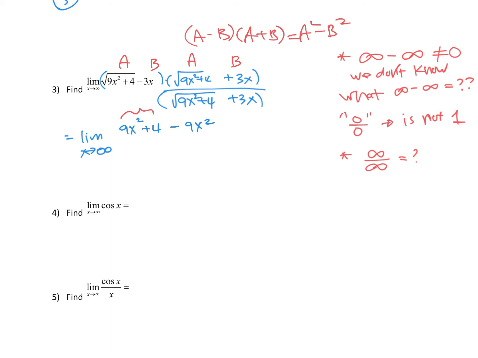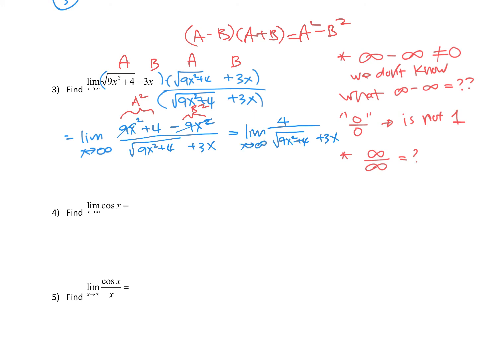This is my a squared, this is my b squared. So that's the top. On the bottom, I get radical 9x squared plus 4 plus 3x. For the top, I can cancel this out. So the limit is 4 over radical 9x squared plus 4 plus 3x as x goes to infinity.